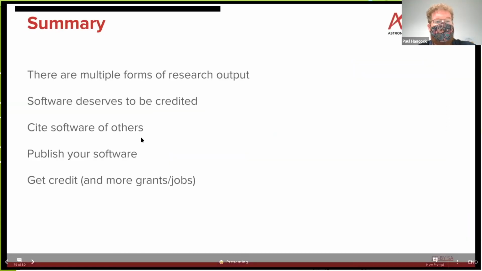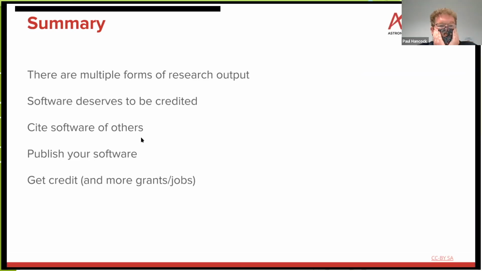So the summary is that there are multiple forms of research output, not just papers. We also have lots of other research outputs, which include data, which include software. There are, I guess, creative works as well, potentially not so much in astronomy, but that's also another form of research output.